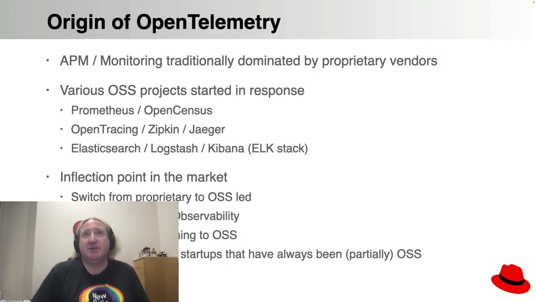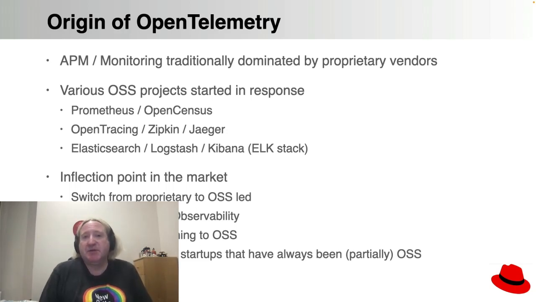And this is part of the process which we see where APM monitoring, traditionally dominated by proprietary vendors, now is starting to move into this inflection point where we are moving from proprietary to open source led solutions. And more and more of the vendors are switching to open source. When I was at New Relic, I was one of the people who led that switch of New Relic's code base from being primarily proprietary on the instrumentation side to being completely open source.